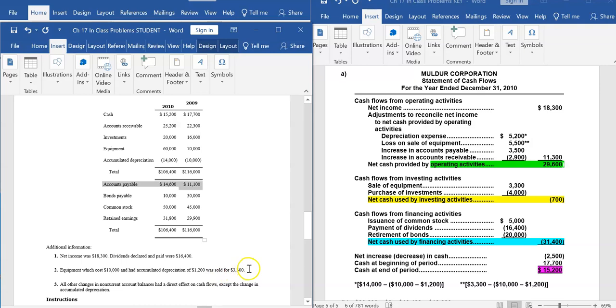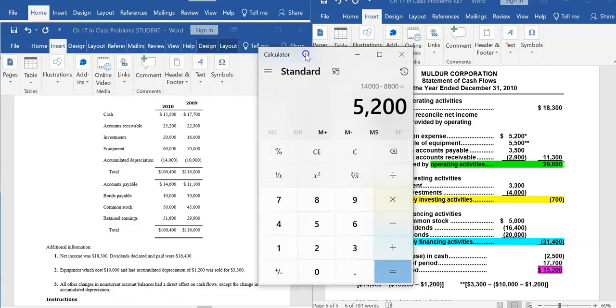The only thing that we sold during the year was this equipment. When I sold that equipment, it cost $10,000. It had accumulated depreciation of $1,200. That means that asset originally cost $10,000, it had depreciated $1,200.